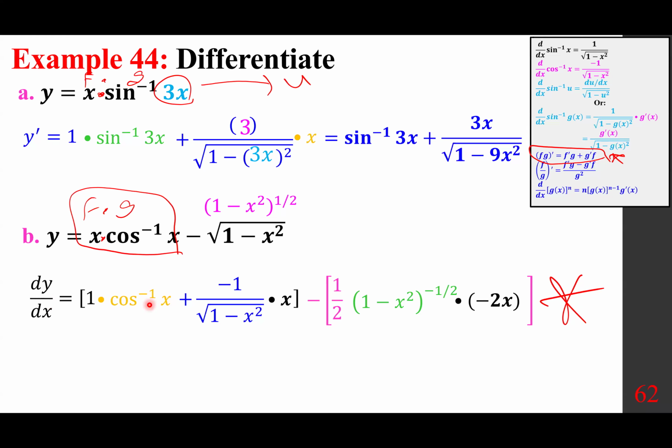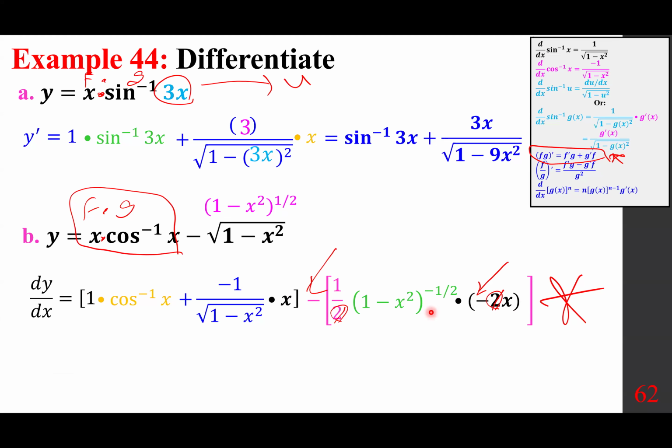So first and foremost, this is cosine inverse. This is minus x over square root of 1 minus x squared. And this is negative. With this negative it is positive. The 2 cancels out the 2. So we have plus x in the numerator.